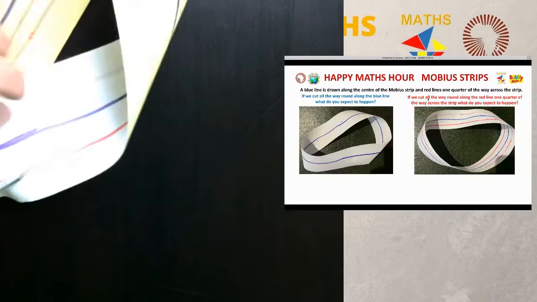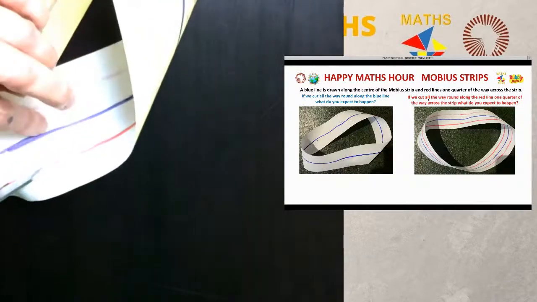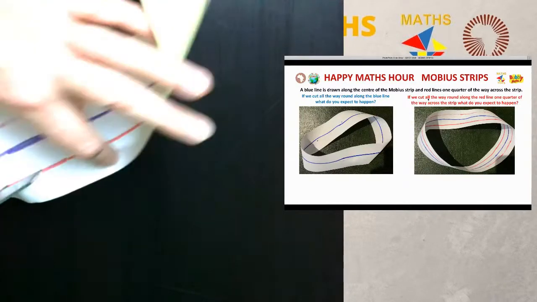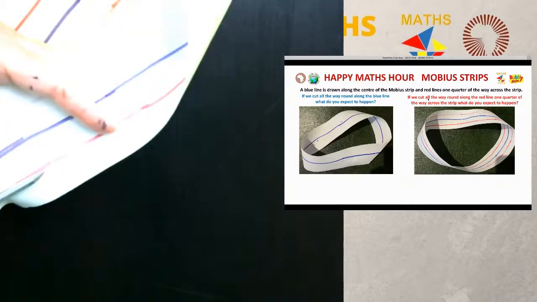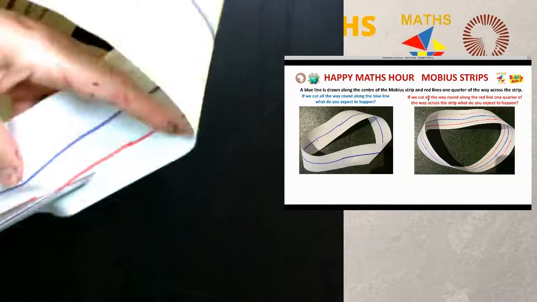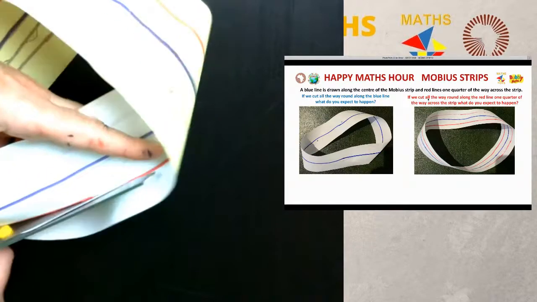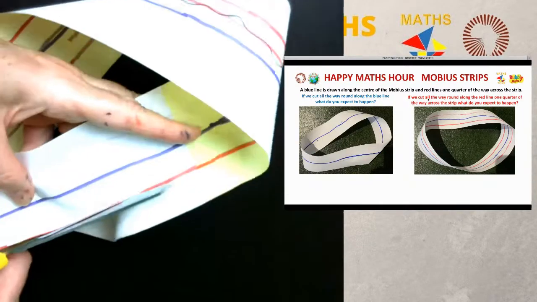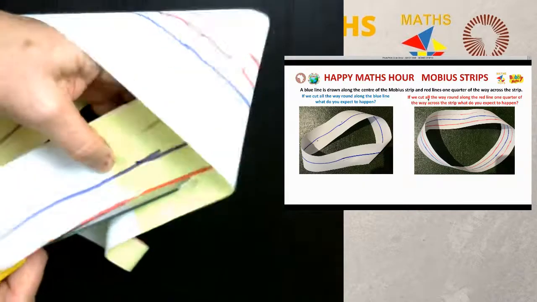Again, if you actually do the activity of drawing the line in the middle and then drawing a line halfway across, just as I've done here, it's again interesting. Just predict what's going to happen, and then see what actually happens with the drawing part. Now, what is going to happen with the cutting part?